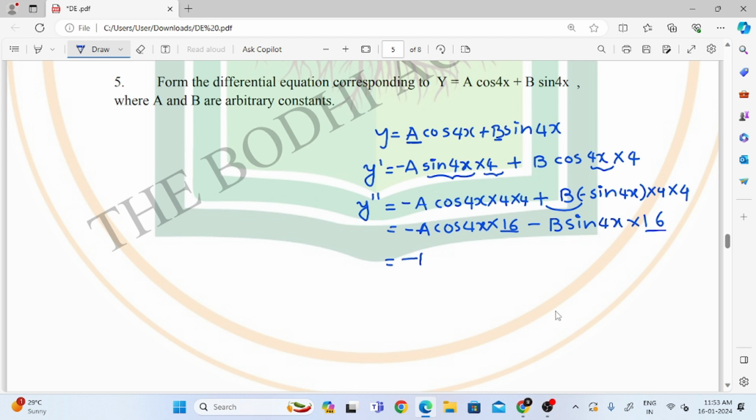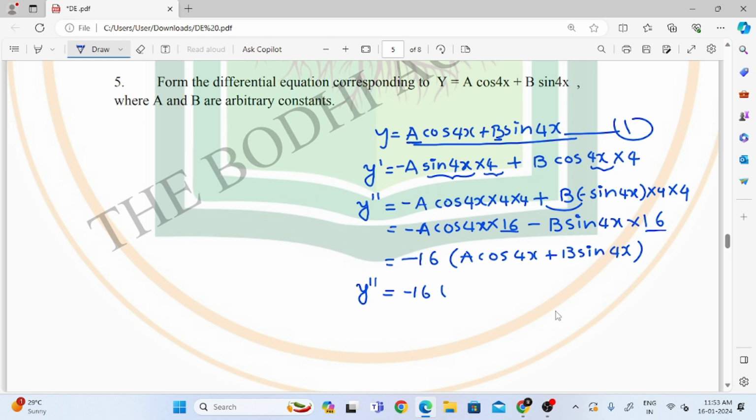If you take minus 16 common, what remains in the bracket is a cos 4x plus b sin 4x. Let's say this is equation number 1. You can see that a cos 4x plus b sin 4x is nothing but the value of y. So you can put it here: y double dash is equal to minus 16 into y. If we take it to the left-hand side, y double dash plus 16y is equal to 0. This is our required differential equation.